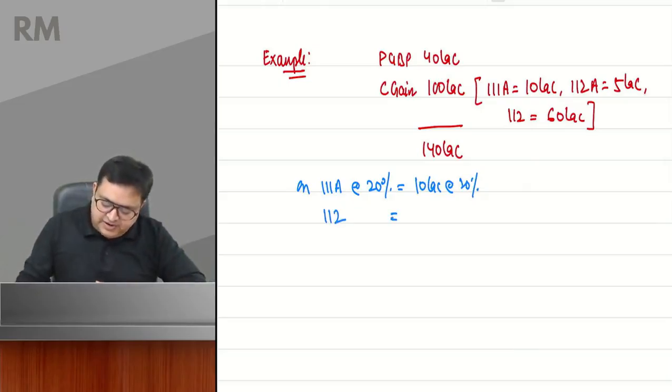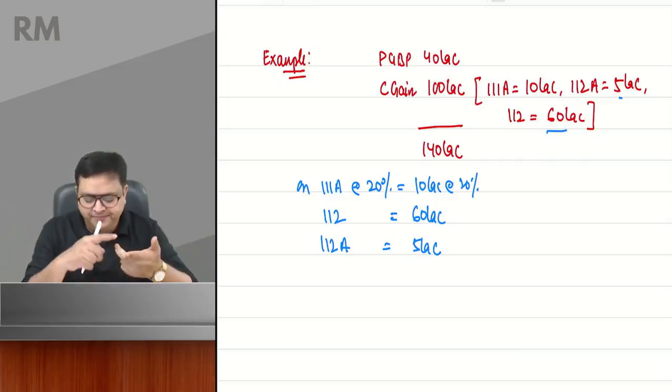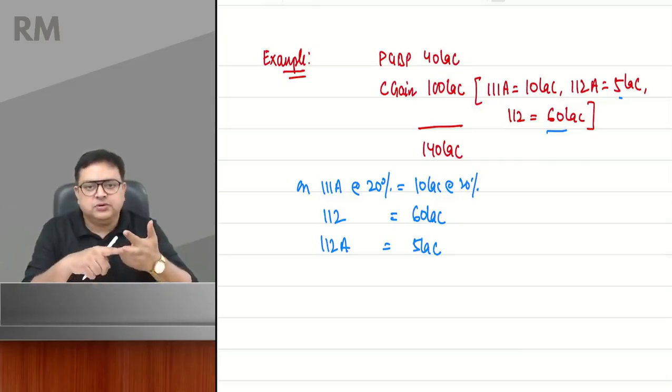How much is long-term capital gain? 60 lakh. Then 112A, 5 lakh. See, we have special income: 111A, equity share short term; 112, long term, other long term; 112A, long term equity shares, equity oriented units.